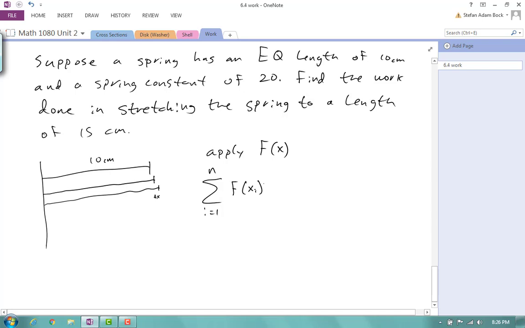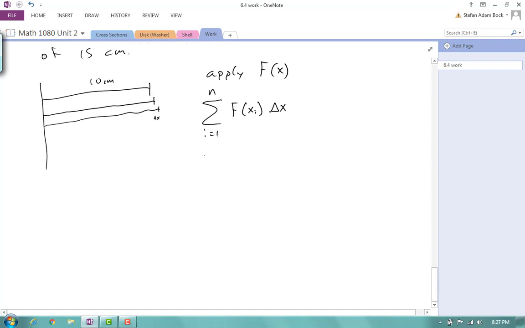Now the work done for each of those little pieces is going to be the amount of force I've applied for that location and the distance it has traveled from the previous location. So that's going to be that force multiplied by delta x. Now in terms of an integral, this means I have the integral of k times x dx every time.